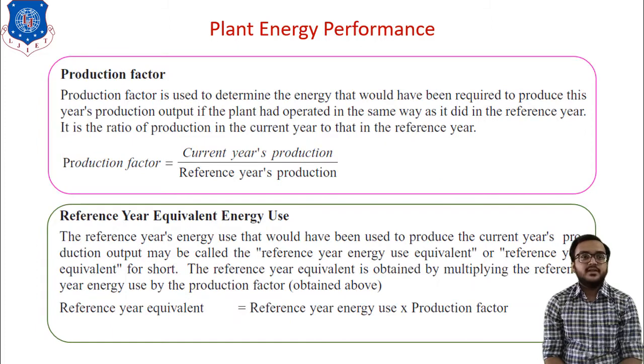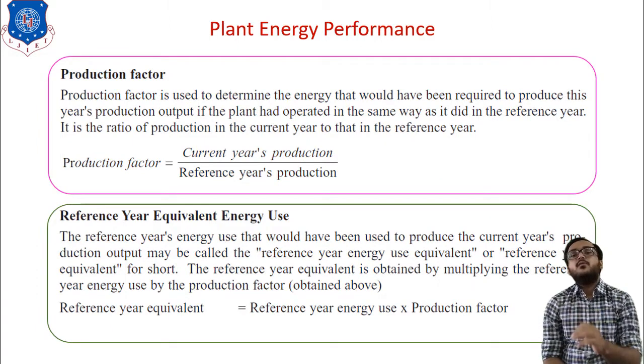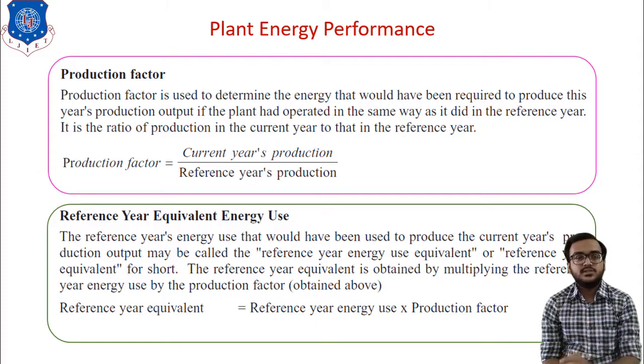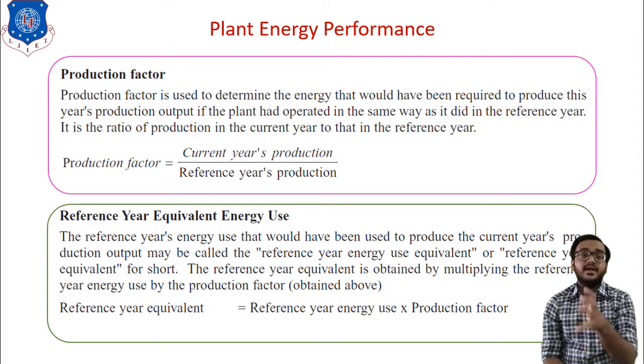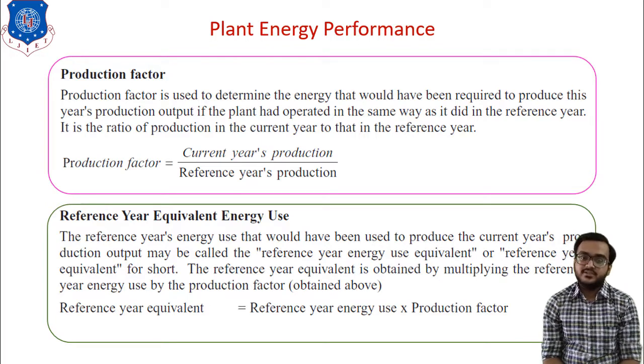The production factor is used to determine the energy that would have been required to produce this year's production output if the plant had operated in the same way as it did in the reference year. Again, it is the ratio of current year production to the reference year production.